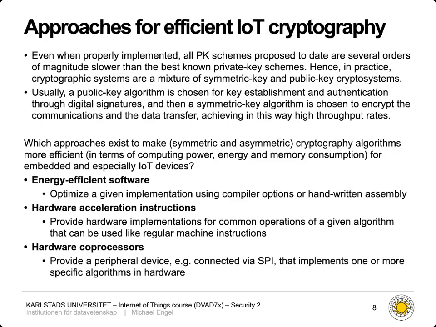We have processors that provide special acceleration instructions in hardware to accelerate one or a small class of existing cryptography algorithms. Of course, this probably won't be useful if you switch to a different cryptography algorithm. And finally, there are also hardware coprocessors where a cryptography algorithm is implemented in its own chip as an ASIC. So this can be more energy efficient and faster.